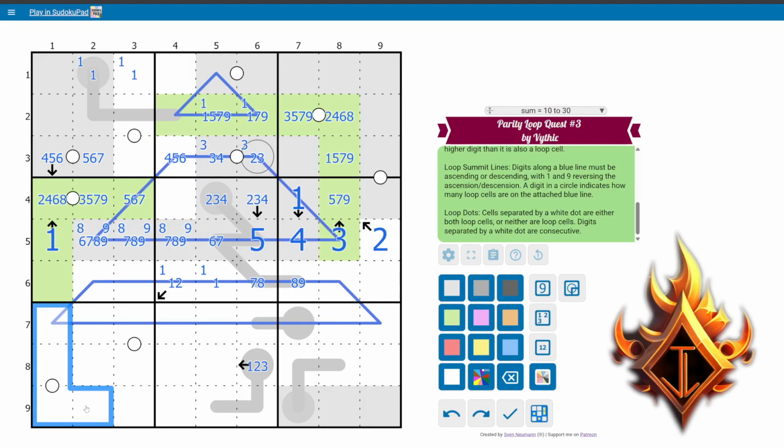So all of these would be green. Seems okay. The arrow, one of these, and its neighbor, both of its neighbors.